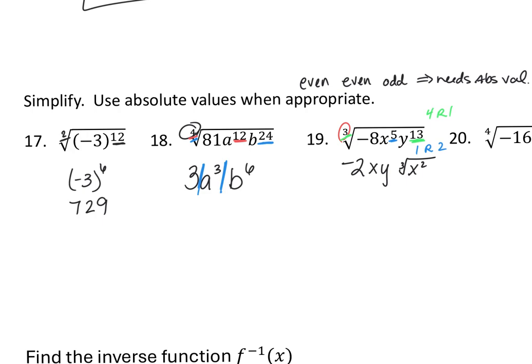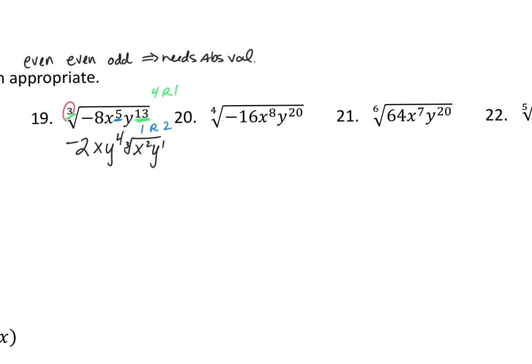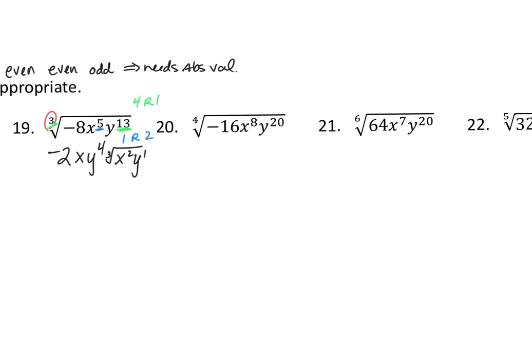Okay, so that is y to the 4th outside, y to the 1 remains inside. So the remainder remains inside. Now again, this was odd, so I don't need to worry about absolute value. Okay, so red flag on this problem, negative under an even, this one is no real solution.